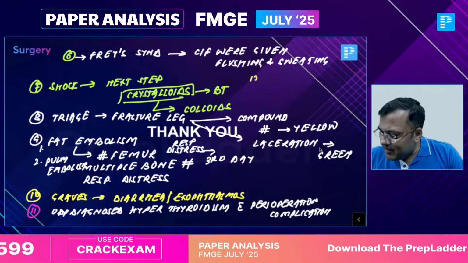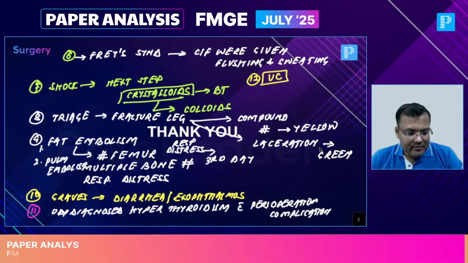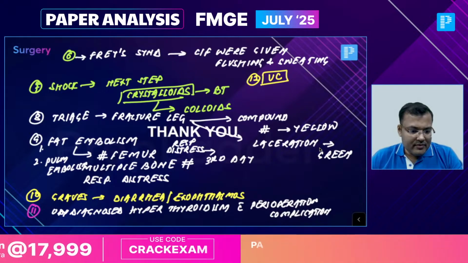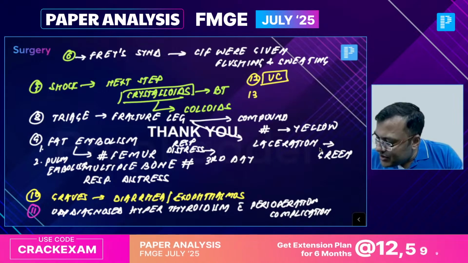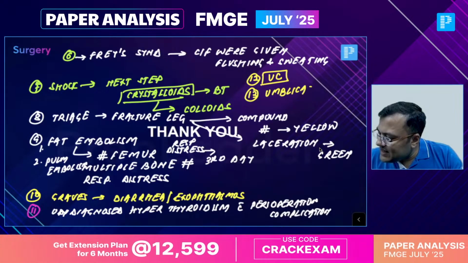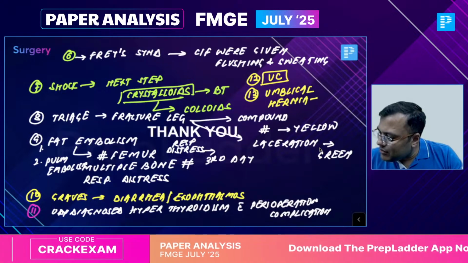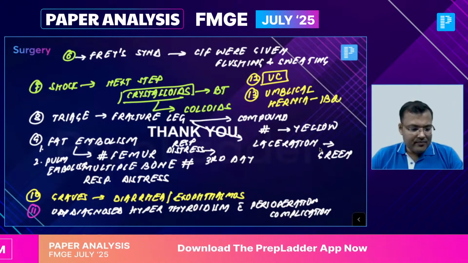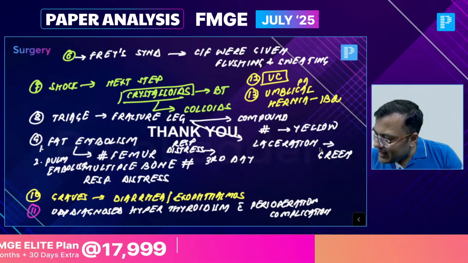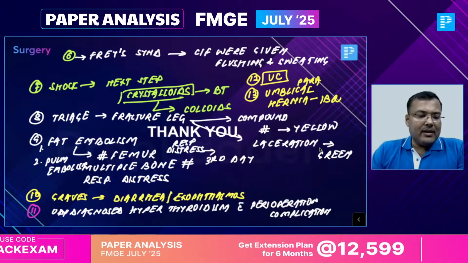Anybody remembers? Umbilical hernia, image-based question. Okay. Umbilical hernia, image-based था कि gastroschisis था? Guys, apart from gastroschisis, umbilical hernia was also there. Paraumbilical hernia. Anybody remembers what was the option in paraumbilical hernia?